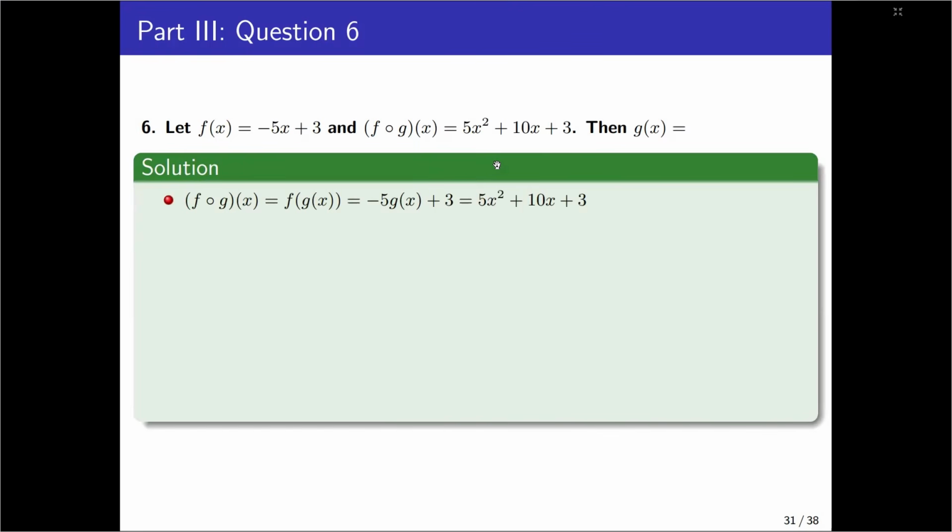So using the rule of composition of functions, we know that f composite of g of x equals f of g of x. But g of x is not known, while f of x is given to be negative 5 times the input, which is simply x, which is g of x in this case, plus 3, and this is equivalent to 5x squared plus 10x plus 3.